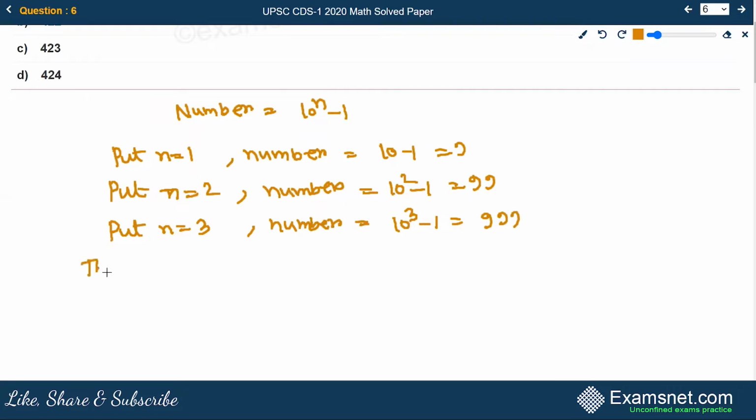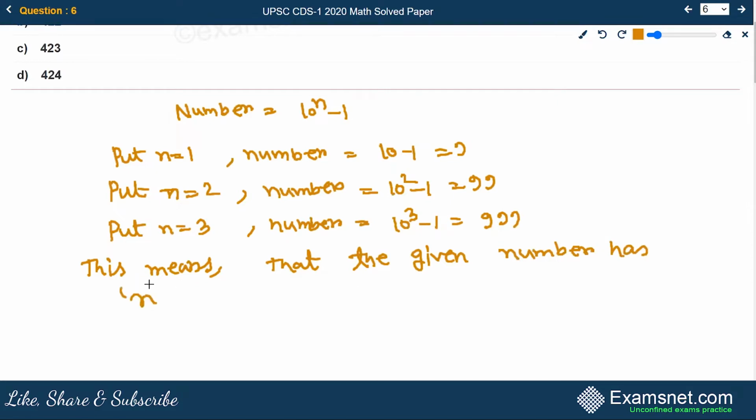So this means that the given number, since it's 10 to the power n minus 1, has n digits, each of which is equal to 9.